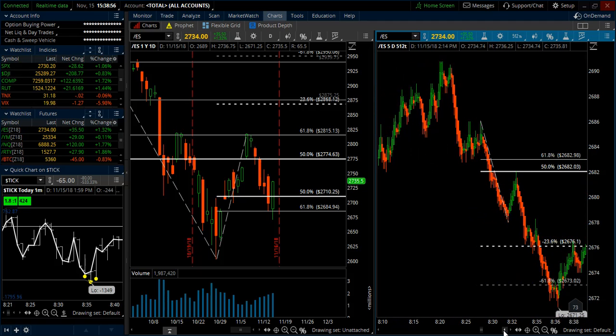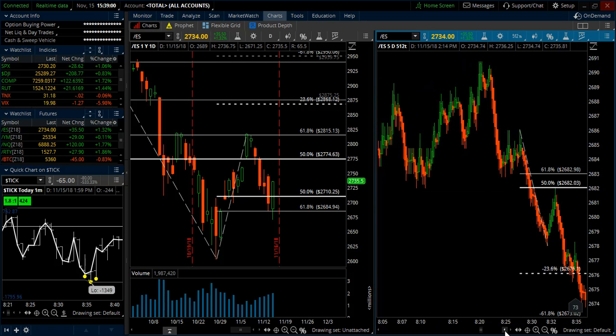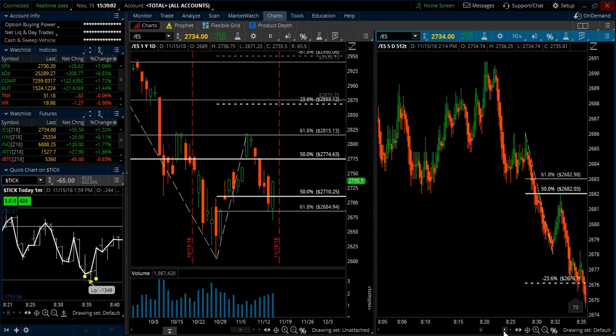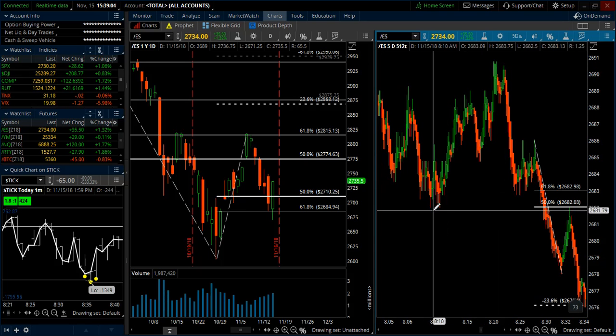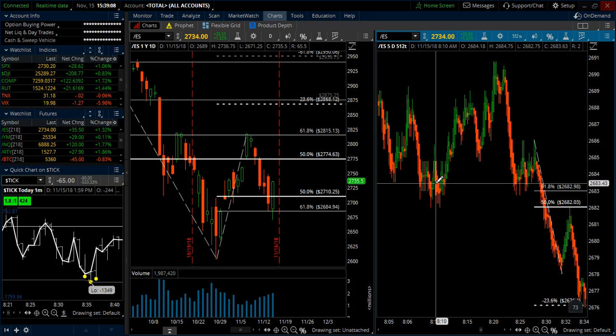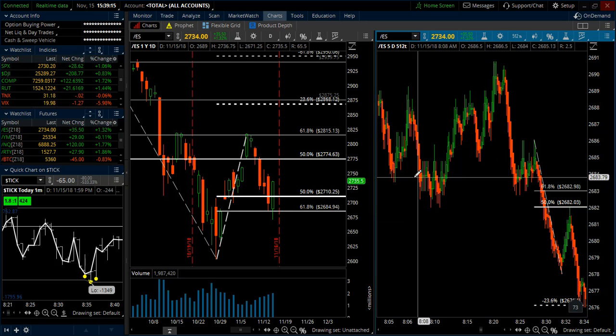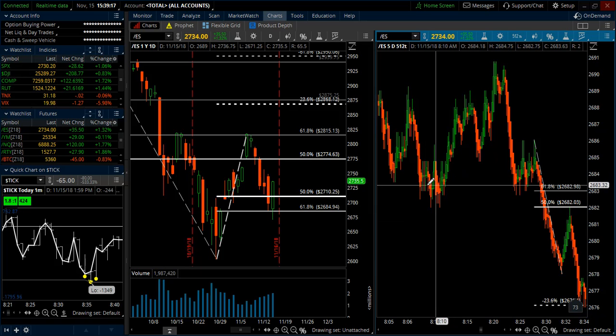If we go back a little bit more, we can see how we came down and broke the lows of yesterday, we'll call it 26.85s, about 40 minutes into the day.